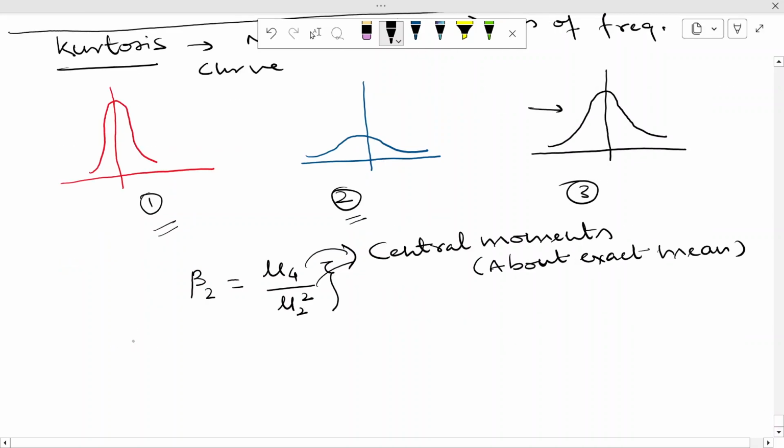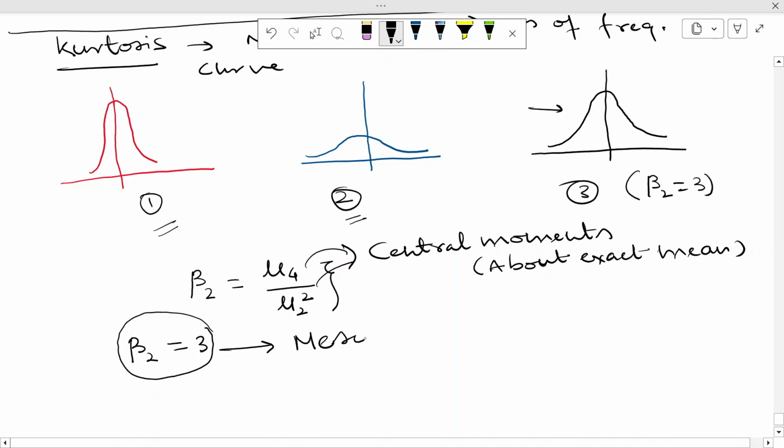Now when this beta 2 comes out as 3, this is the situation for this type of curve, when the curve has average height. For this type of curve we have beta 2 equal to 3, and we call such data mesokurtic.